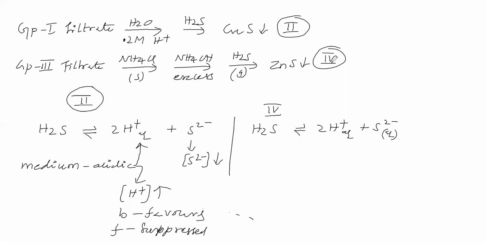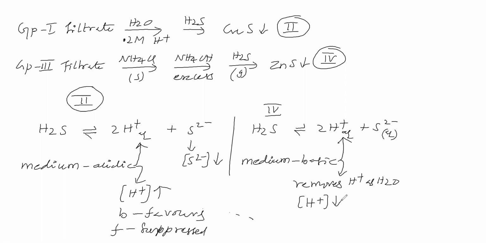In group 4 we add ammonium hydroxide, that means the medium is basic. This base removes H plus as water, neutralizing the acid, so the concentration of H plus in the equilibrium is reduced.